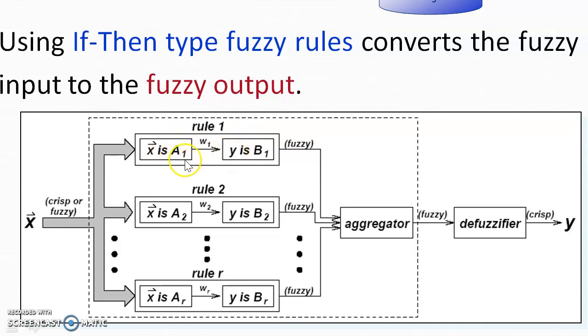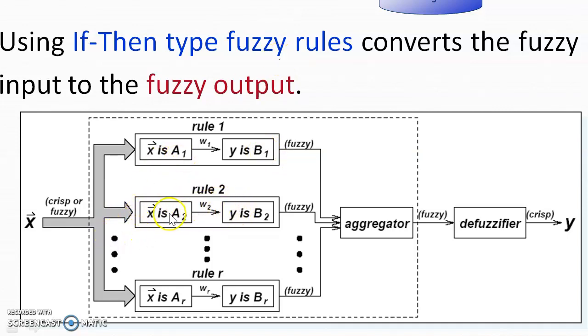And a1 is a kind of membership value, a fuzzy value, which belongs to some fuzzy set A, and b1 is another membership value which belongs to fuzzy set B.